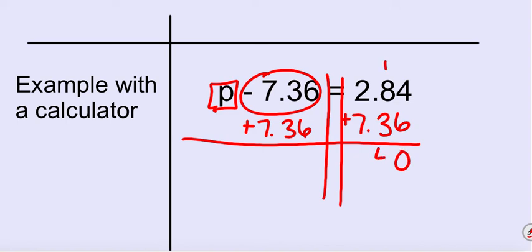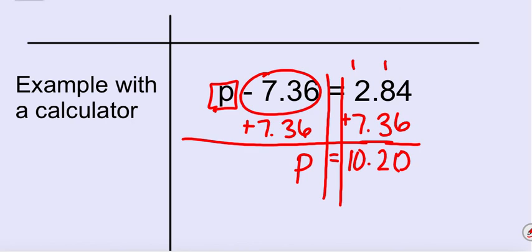I was counting the 4 for the 3 plus 1. 8 plus 3 plus 1 is 12. Carry the 1. 10.2. So P equals 10.2. Step 5, go back and check your work.